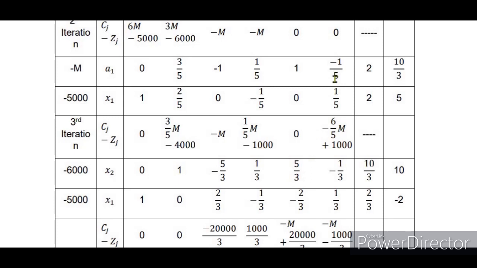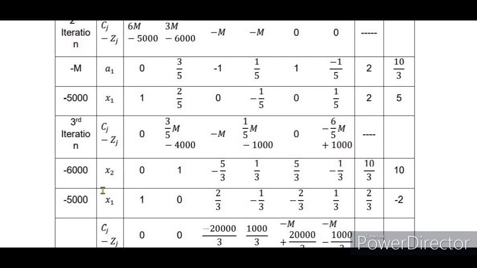Negative 1/5 divided by 3/5 is equal to negative 1/3. 2 divided by 3/5 is equal to 10/3. Alright? So we will put negative 6,000 here under C sub B because it is the numerical value associated with x sub 2, negative 6,000.